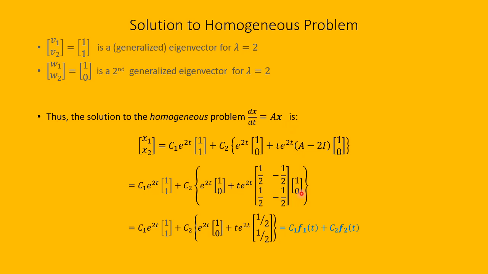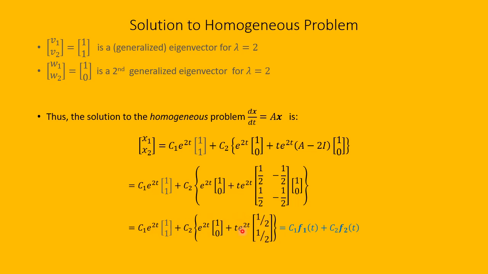And then if we look at this a little bit further, this term we can write down this way. c2 times this, well, it's still here, okay? And then if you multiply this matrix times this column vector (1, 0), you get this column vector (1/2, 1/2), okay?